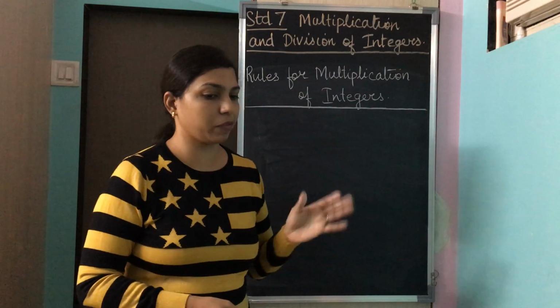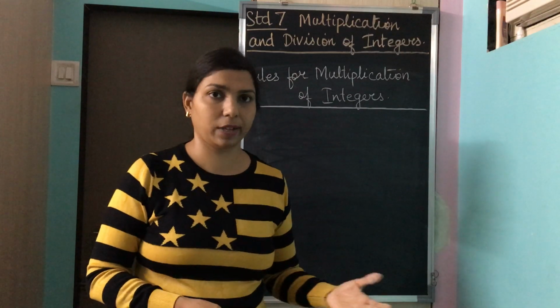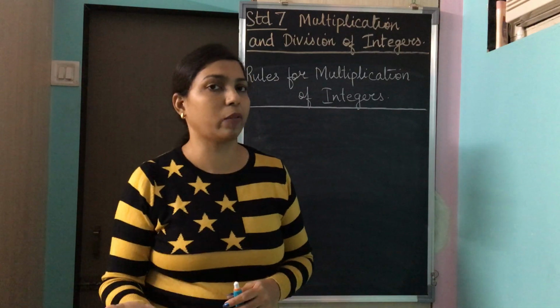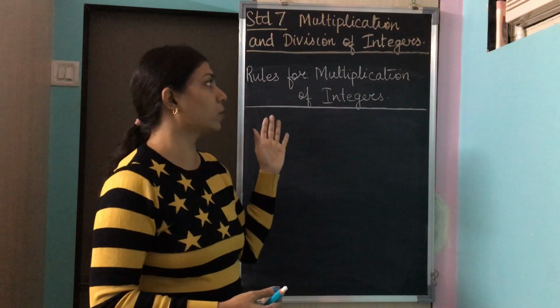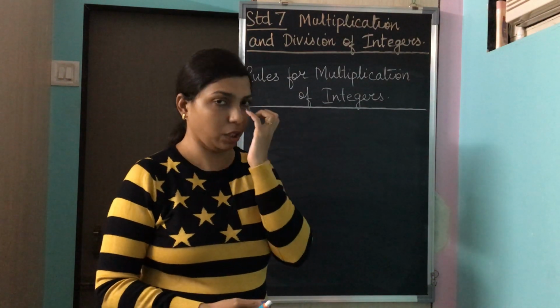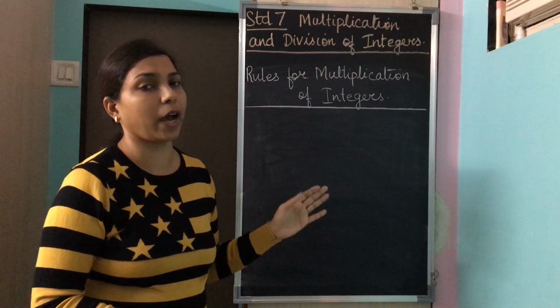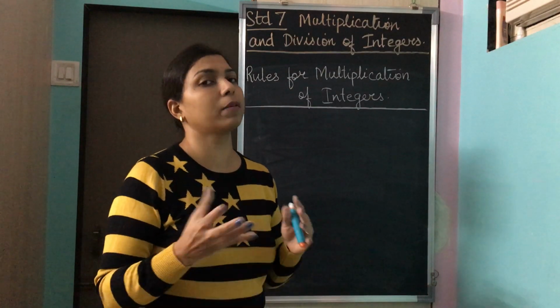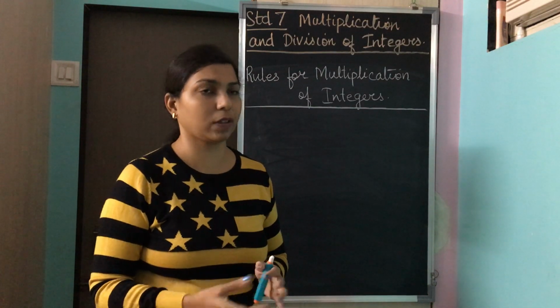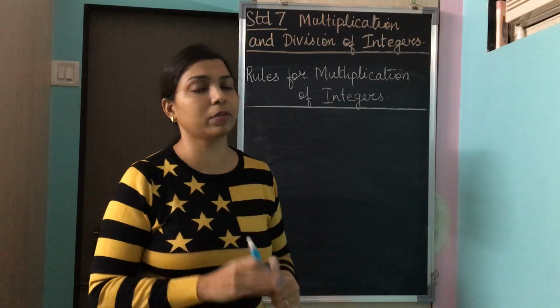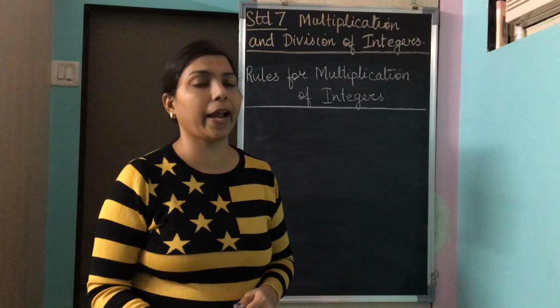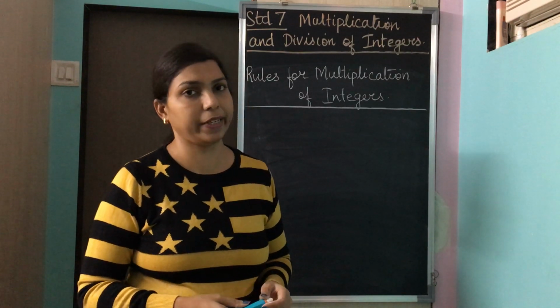Whatever rules there were for addition and subtraction, you have already learned in the 6th standard. And now I'll be talking about the rules for multiplication of integers. What rules are you to follow when you are multiplying two integers? I want you to write it down neatly in your books and keep it safe and keep referring to it whenever you're doing any multiplication sums for integers.